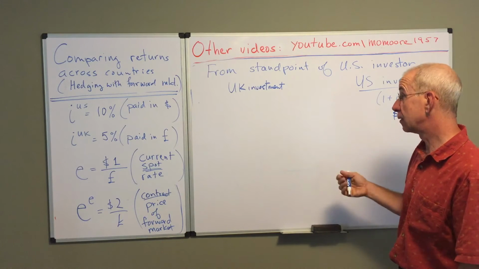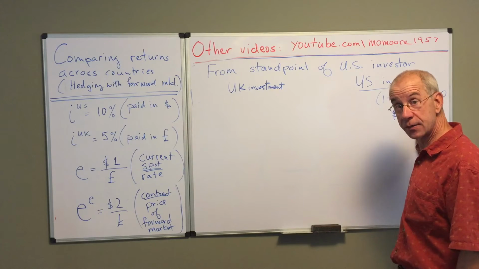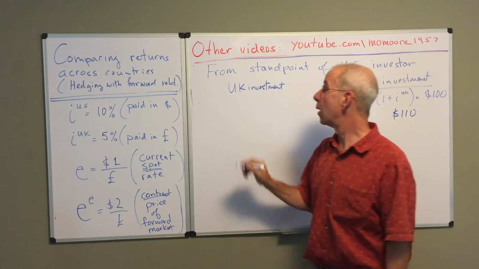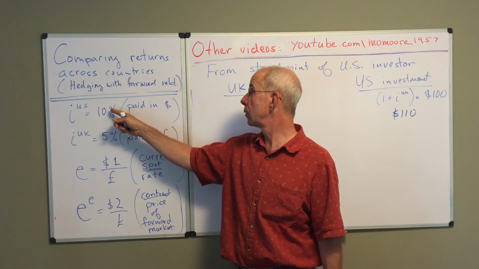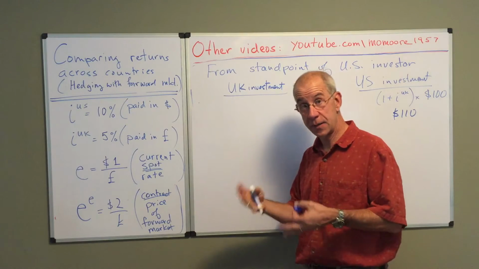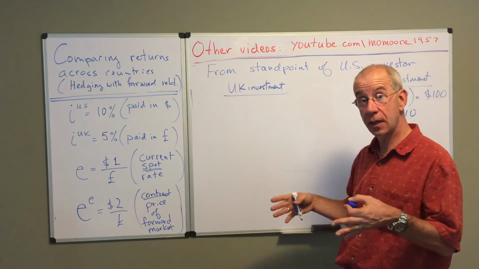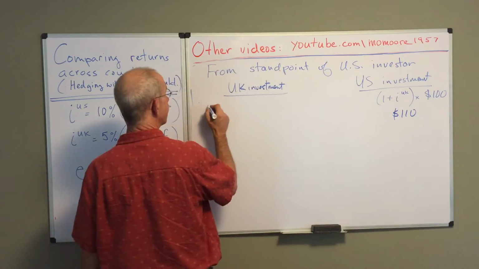So that's the initial investment from putting it into the U.S. bond, and even though the U.S. interest rate is higher than the U.K. interest rate, taking into account the exchange rates, this U.K. investment is going to be more attractive, as we'll see in a moment.